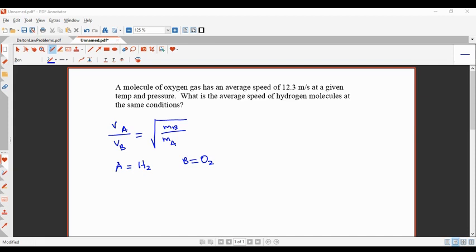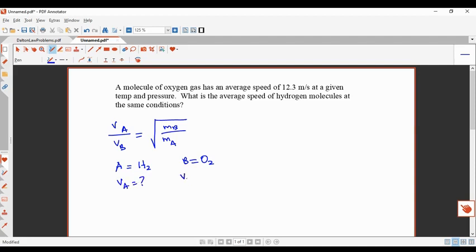To make it easy, what I did was I set up this problem so that the speed of hydrogen will be on the top. It'll be in the numerator. And this will just make it easy when we're solving. So let's start plugging things in. So we know that the speed of hydrogen is unknown. So VA is unknown.